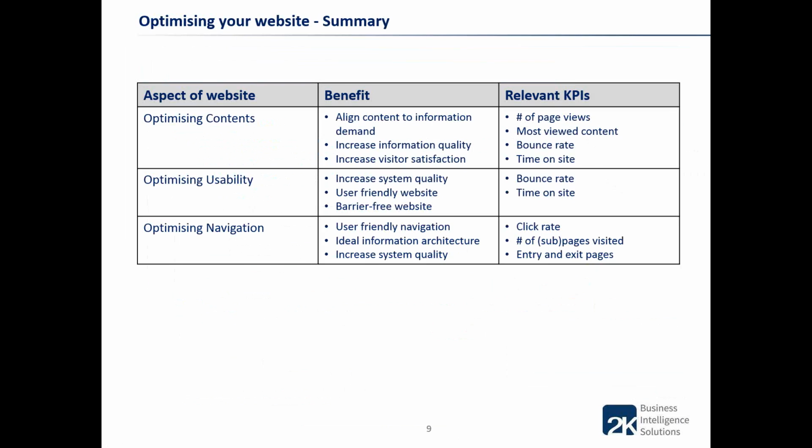So as optimizing content, usability, navigation, we just talked about them, the benefits. At the end there it says some relevant KPIs. That is obviously going to be the main area of focus for our second part of the series, but just to mention a few. For content, obviously the number of page views, the most viewed content, bounce rate, and the time spent on the site are very, very relevant. For usability, bounce rate and time on site. And for navigation, like I said earlier, the one at the bottom there, for example, entry and exit pages.